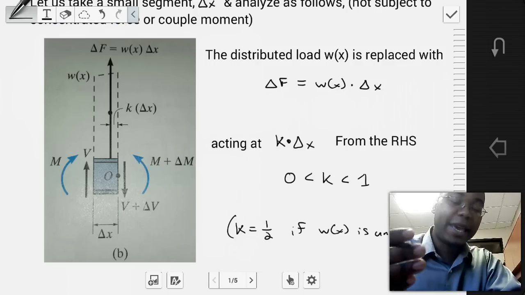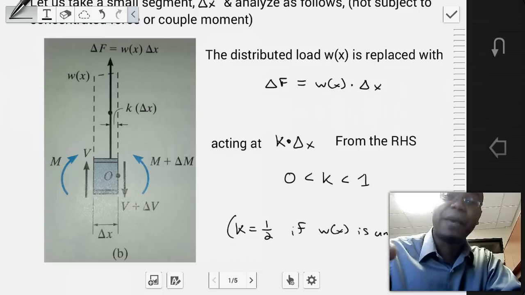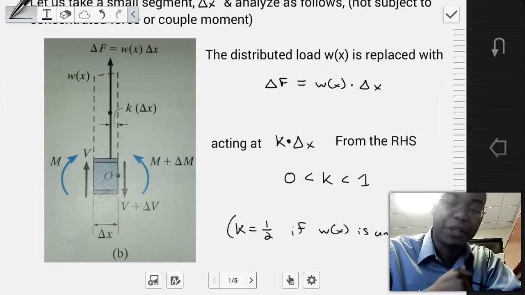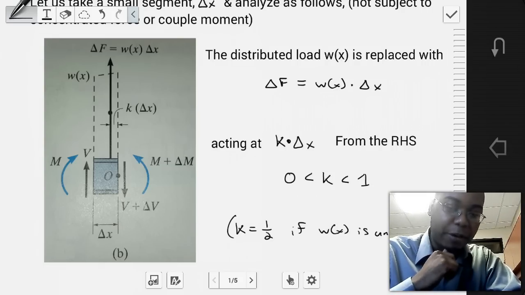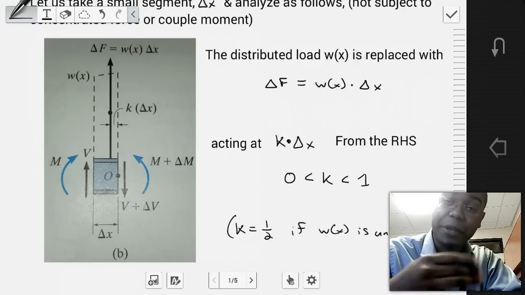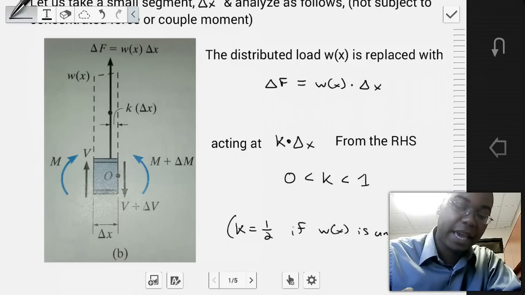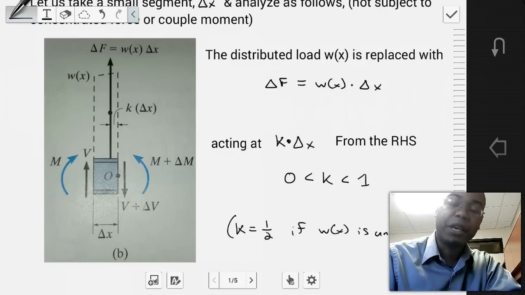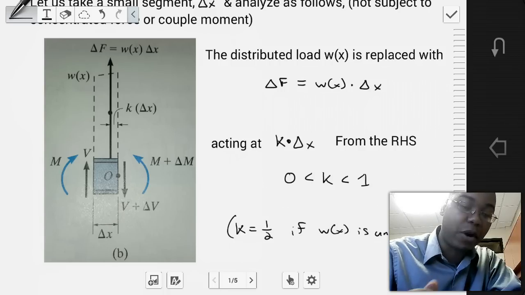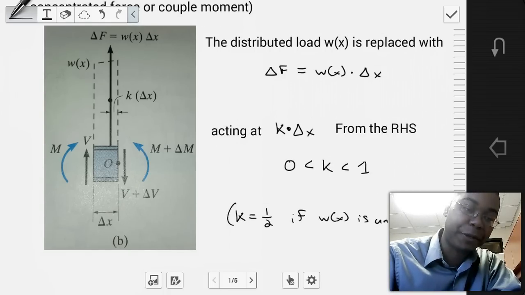So k is a factor value, where if k is 0, then the position is 0, and if k is 1, then the position is delta x. Noting that, if we had some uniform distributed load that was constant, then it would be clear that k is equal to 1/2 in that type of situation.